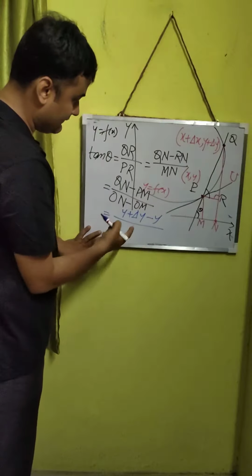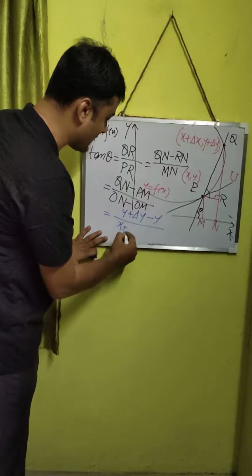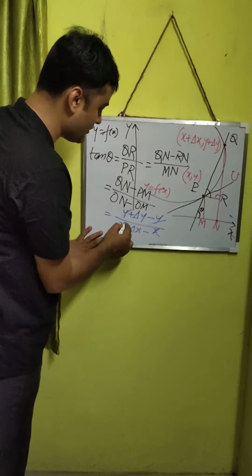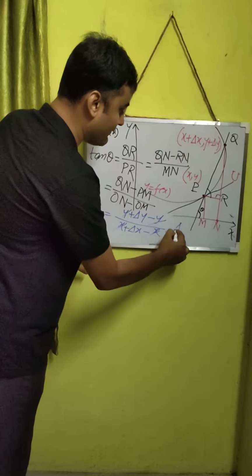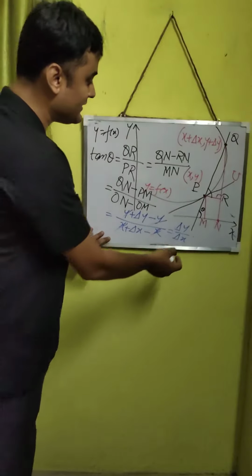This is basic coordinate geometry actually. ON is x plus delta x, and OM is x. So this cancels out x and y, and we are left with delta y by delta x.